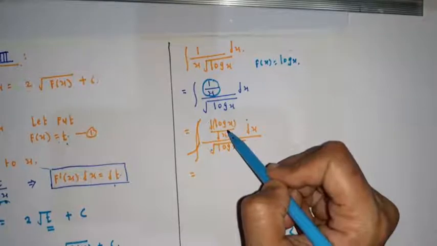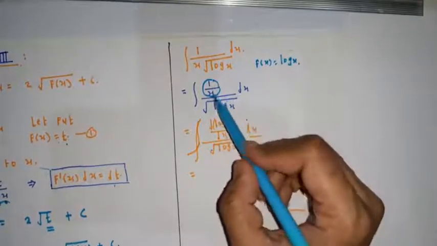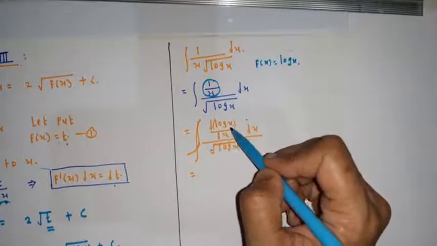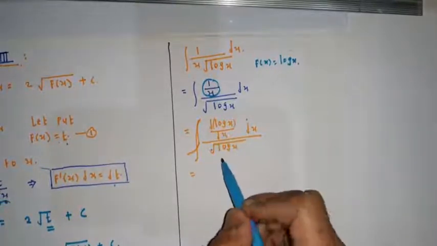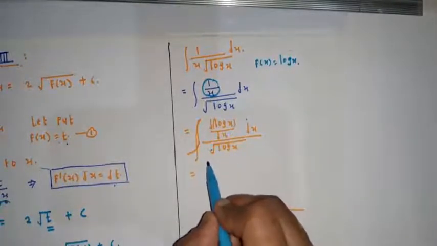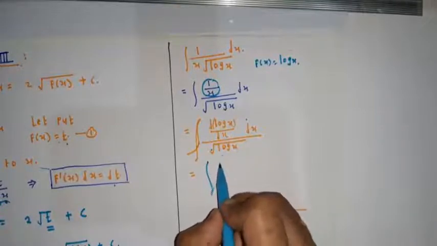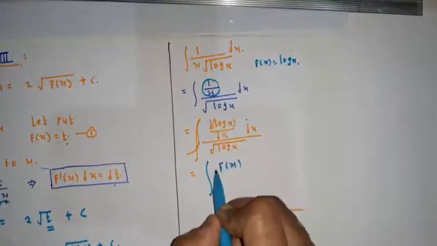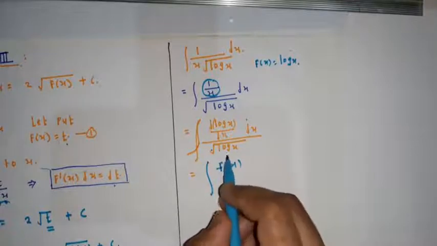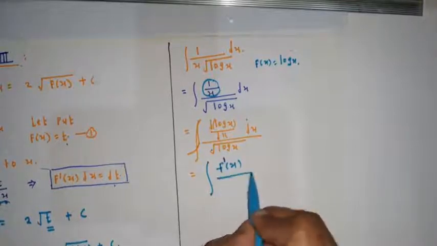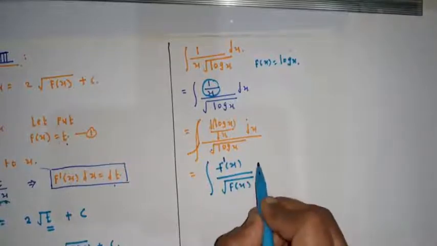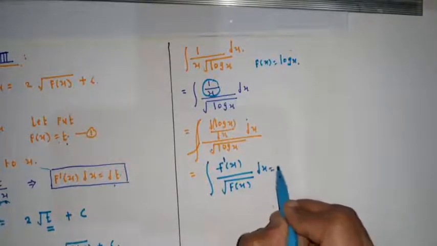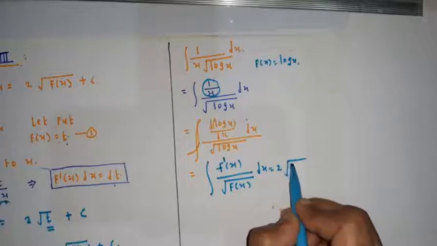Therefore we can write this as differentiation of log of x with respect to x upon square root of log of x, and this is of the form f dash of x upon square root of f of x with respect to x, which is 2 root f of x.